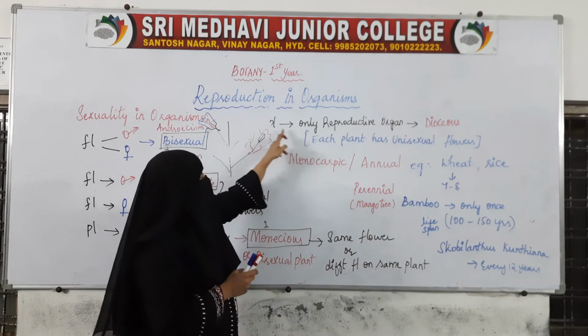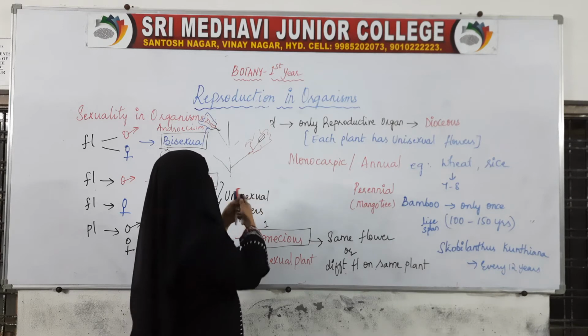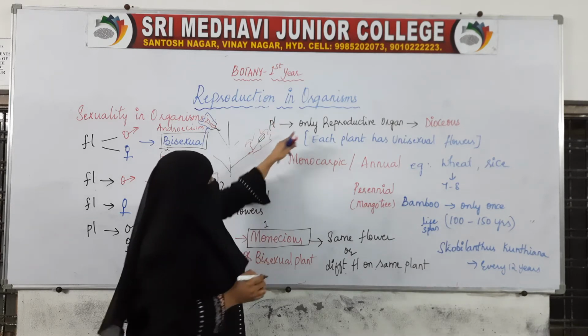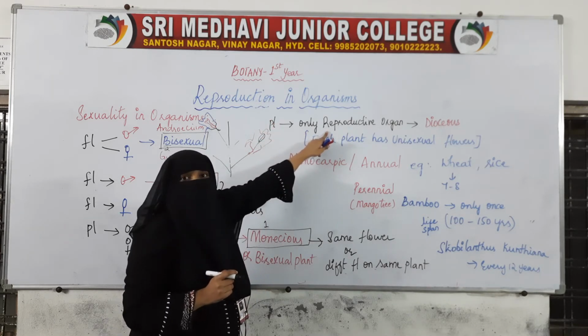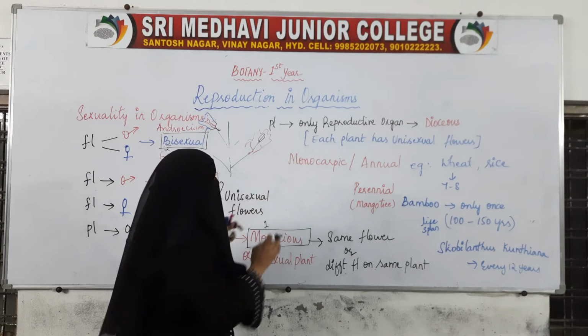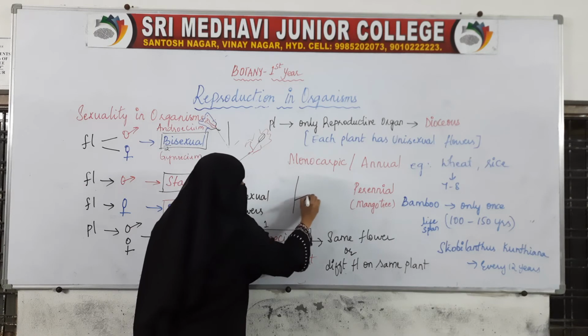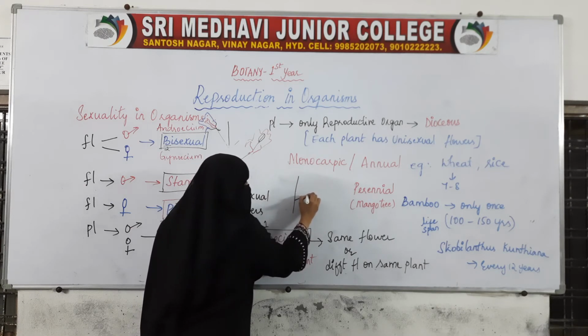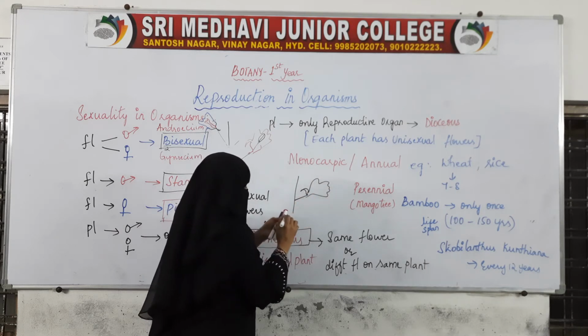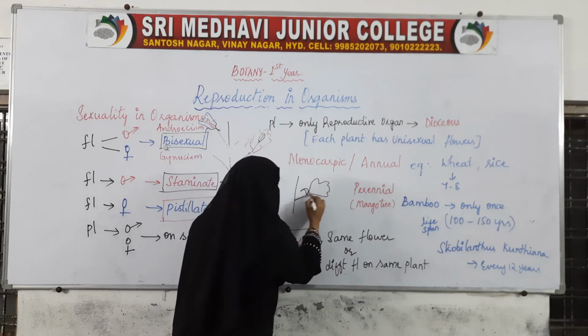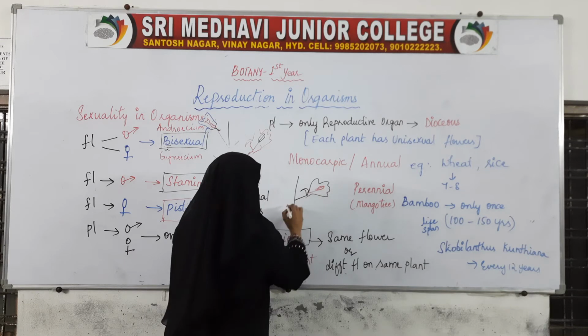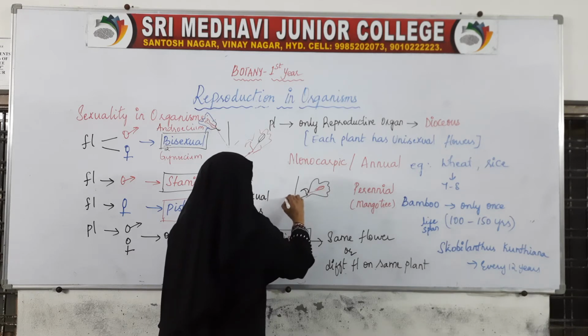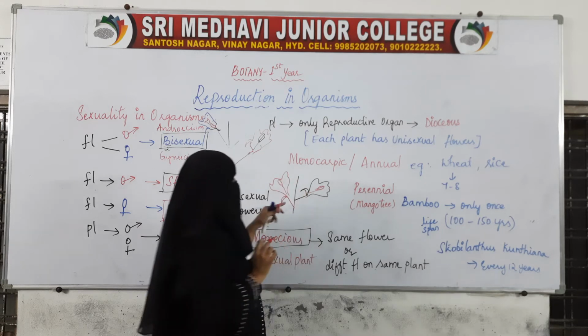And with respect to the plant, if only one reproductive organ is present, for example, this is a plant. On this plant we have calyx, then corolla, then only stamen is present. Also calyx, corolla, then only stamen is present.